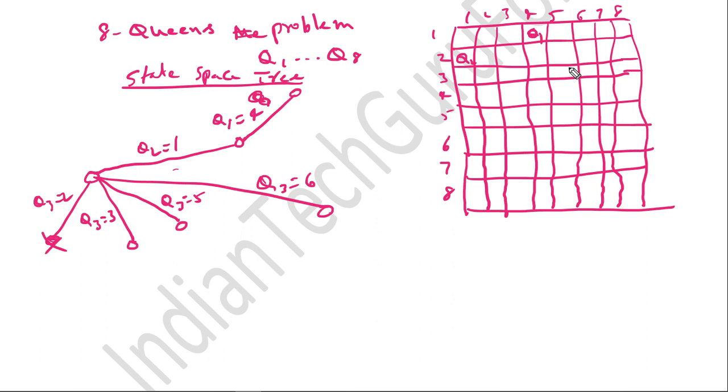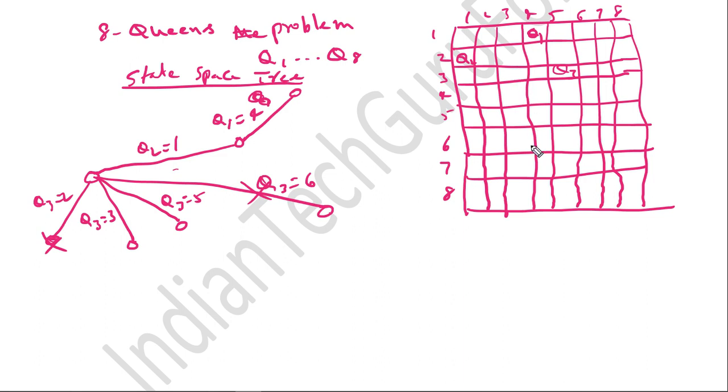If you place Q3 in the sixth column, there will not be any clash. Even in 5 there is no clash, so you can place Q3 in the fifth location.